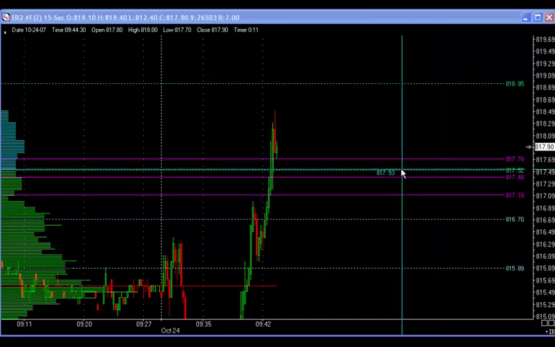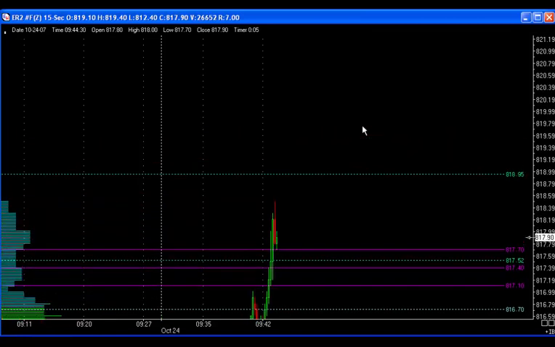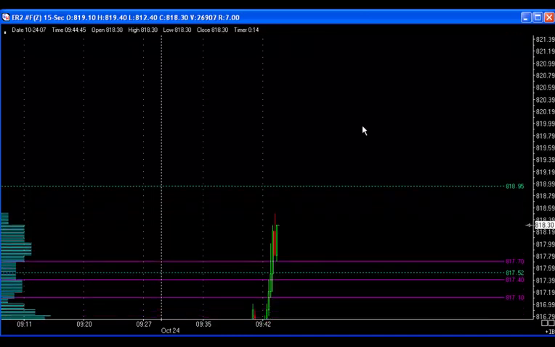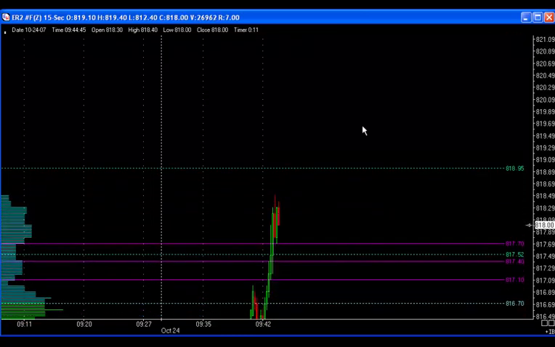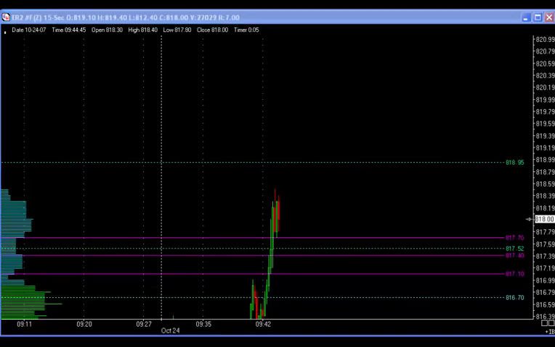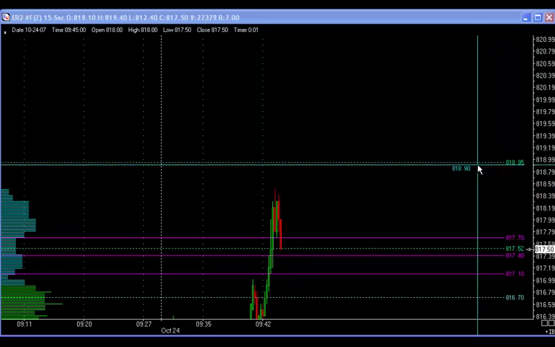So we broke out of that. If we get to 818.95, we should break out of that one and then move up to 822.01. 818.95 is the first standard deviation of yesterday's VWAP.